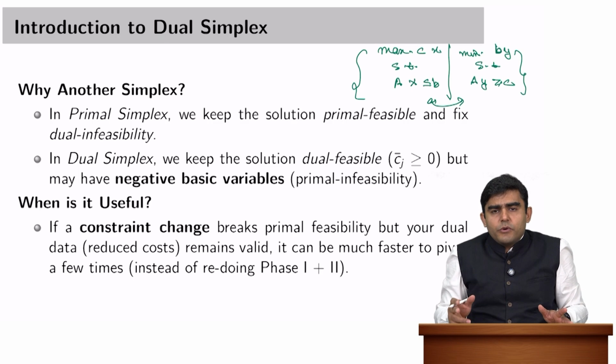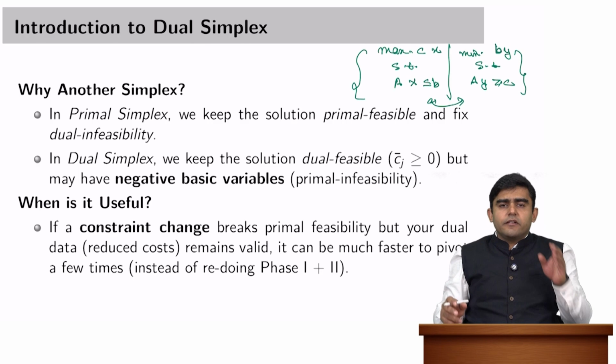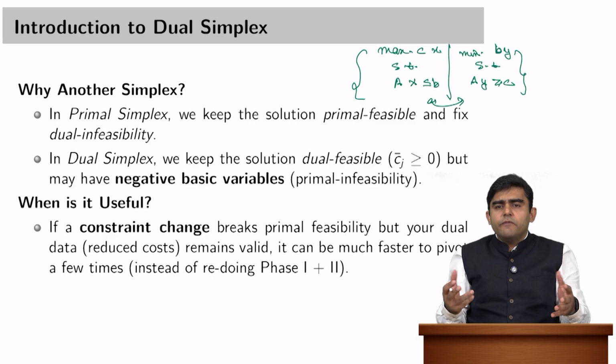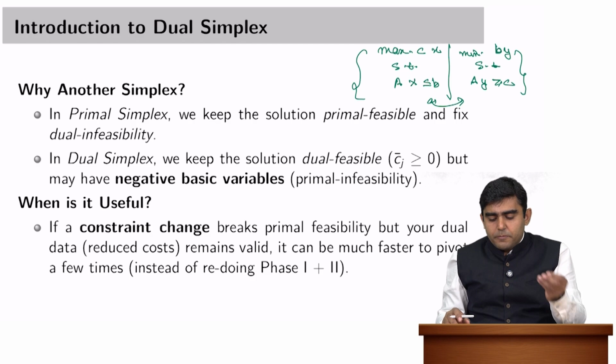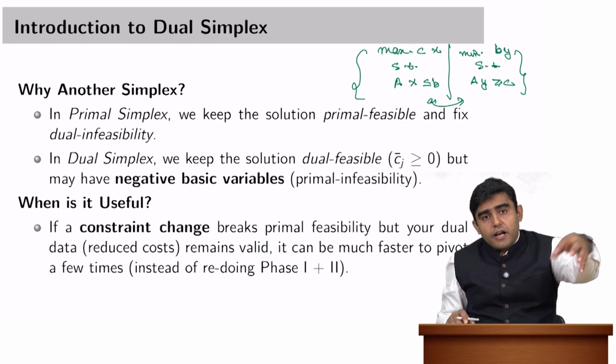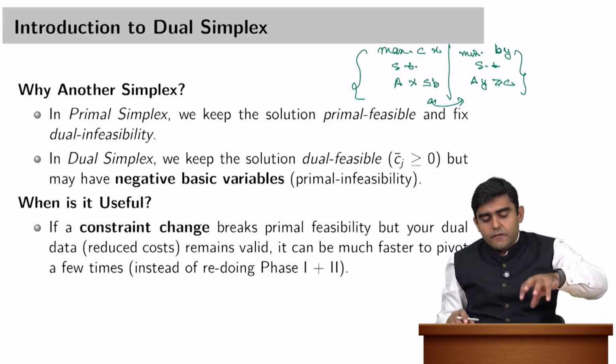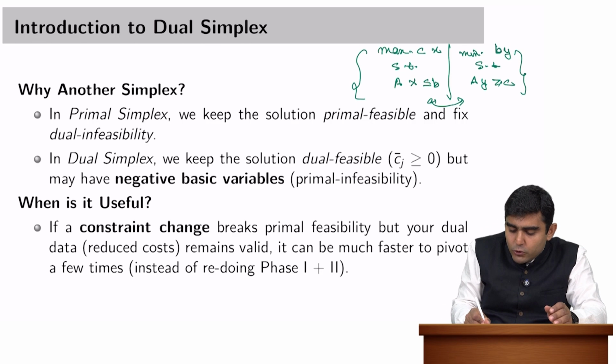So now the question arises that since the title of this lecture is dual simplex, why do we really need another simplex method if we have covered all the cases earlier. Now, as I mentioned, in primal simplex, we keep the solution primal feasible and fix dual feasibility. On the other hand, in dual simplex, we always keep the solution dual feasible.